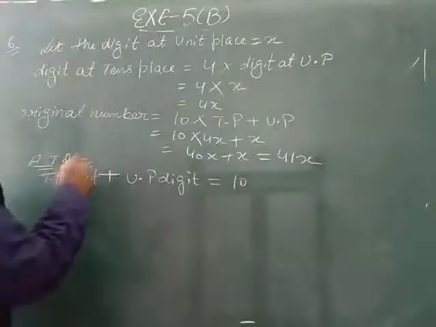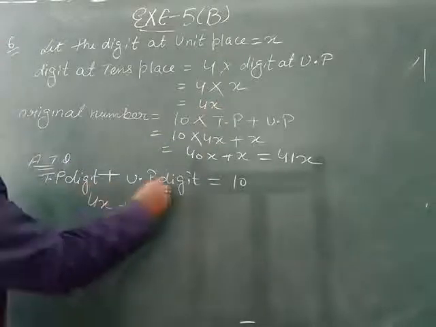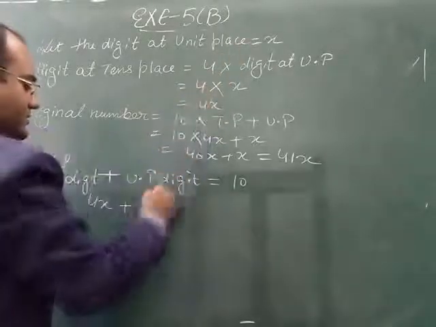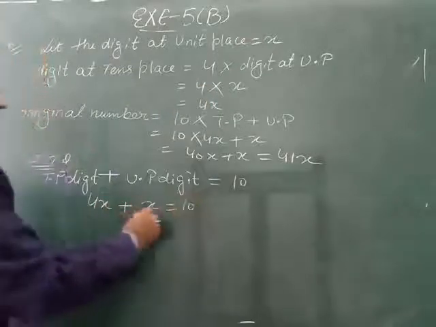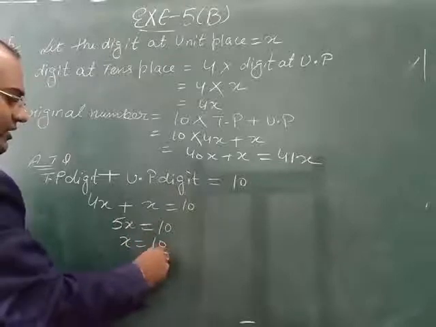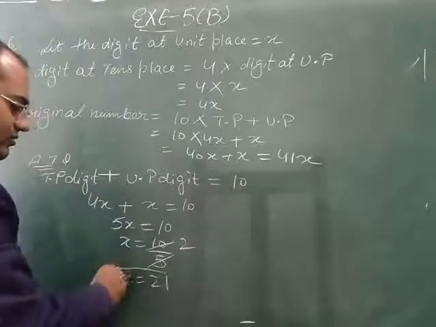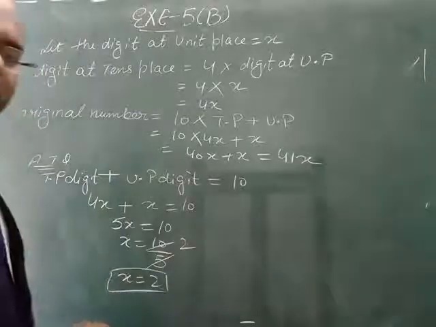So what is the tens place digit? 4x plus unit place digit x is equal to 10. 4x plus x, 5x is equal to 10. So x is equal to 10 upon 5. These two will get cancelled. So x is equal to 2. We are having the answer of x.